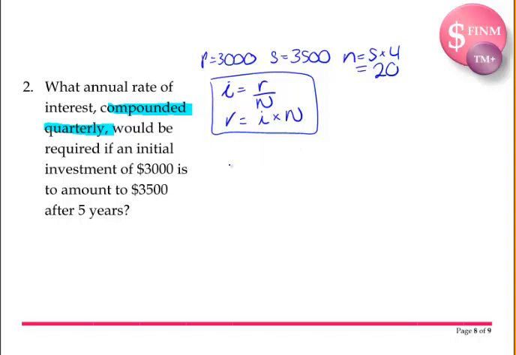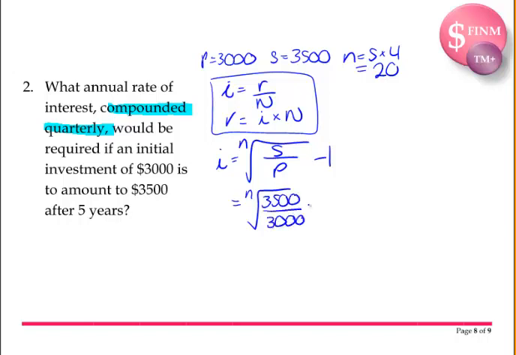Now we can use the rearranged formula which I showed you earlier, which is just that there, and we get the nth root of 3,500 over 3,000, minus 1, and it's the 20th root because that's what n is.